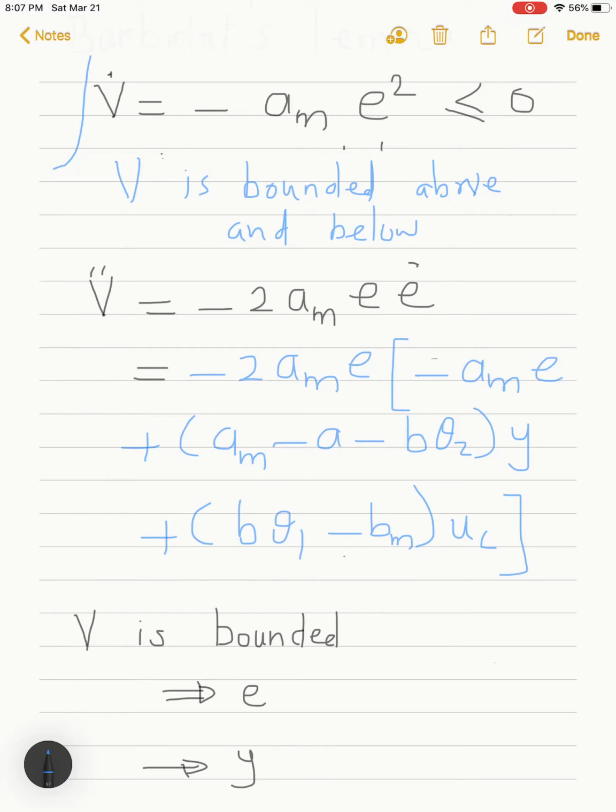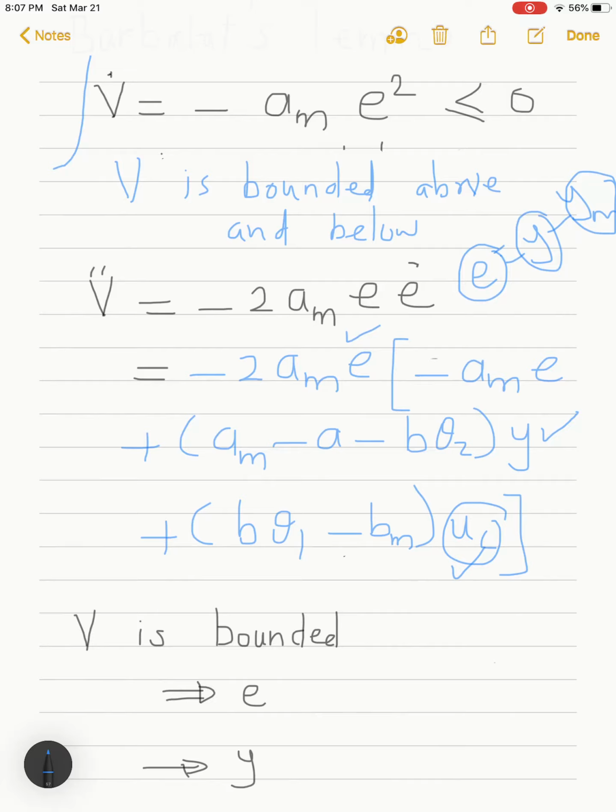Now we have e bounded. y is bounded, since e is equal to y minus y_m: if y_m is bounded and e is bounded, then y has to be bounded. uc is bounded because this is the set point and I'm choosing it to be bounded already.